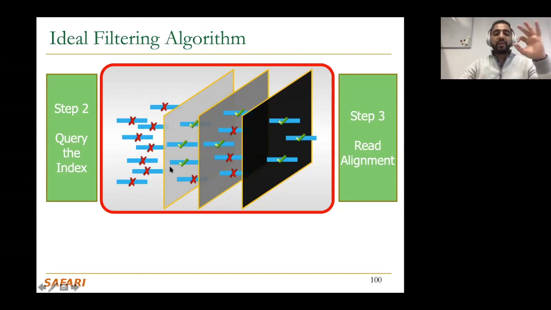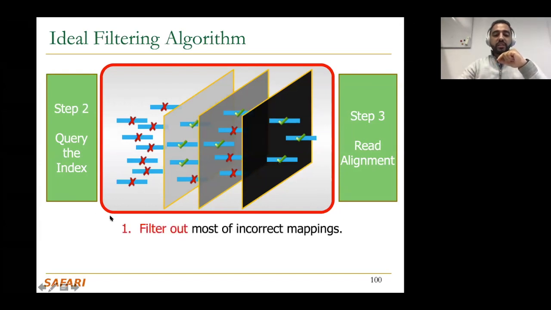We have three main conditions for this step to work correctly. The first condition is that this step needs to filter out most of the incorrect mappings, only the dissimilar ones. It's okay if it cannot filter all of them, but at least most of them.